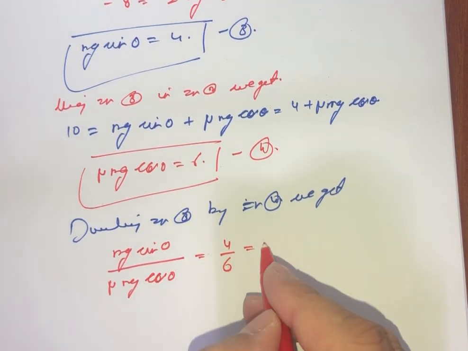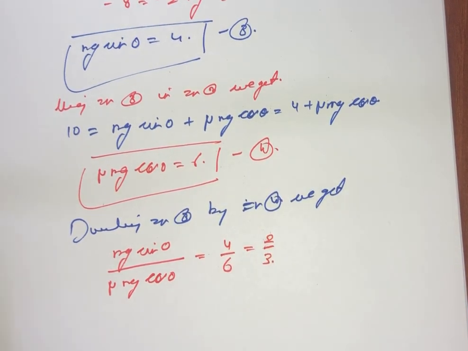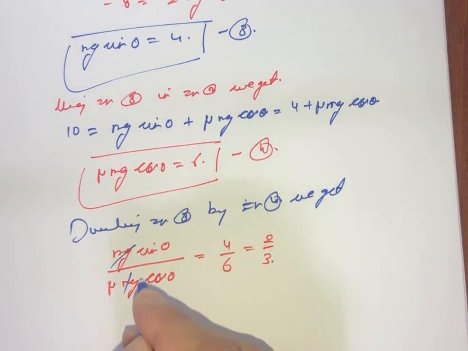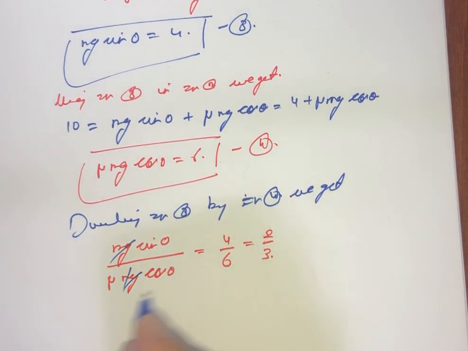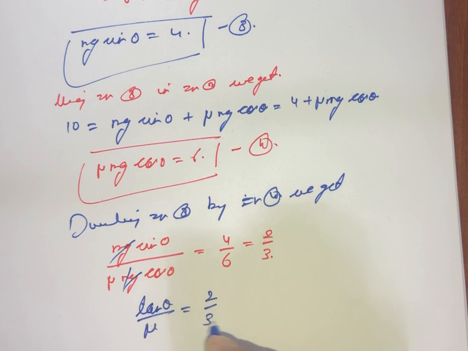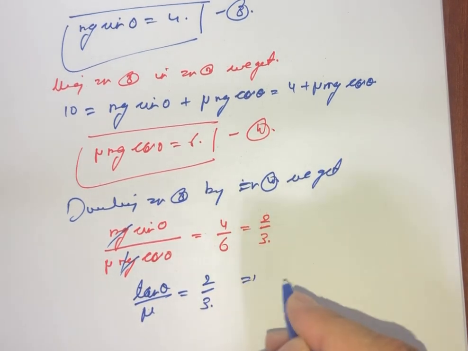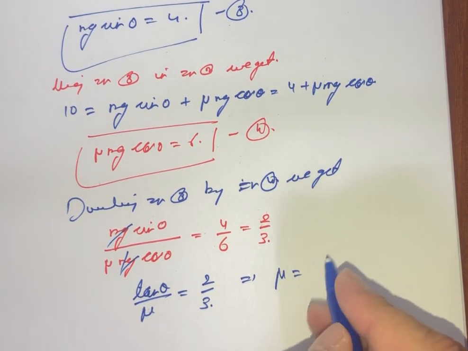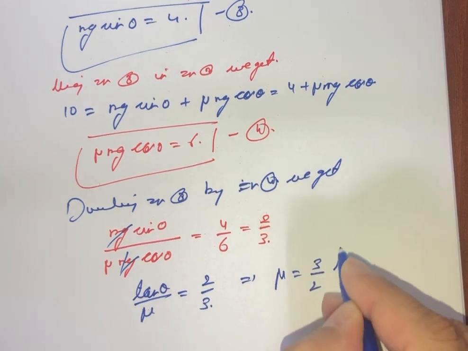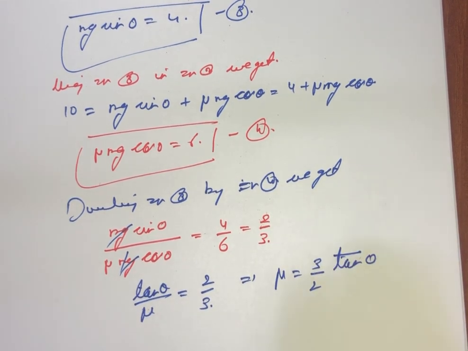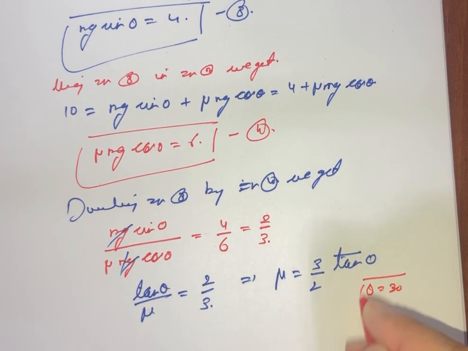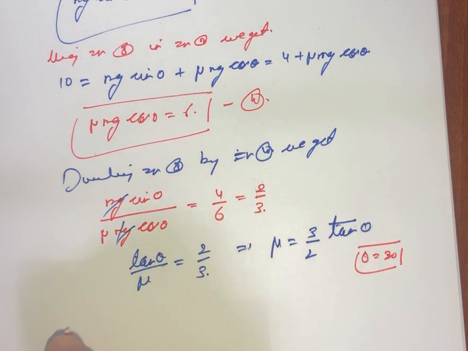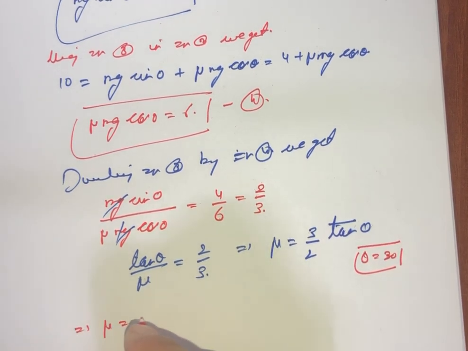So this will be coming as 2 by 3. Mass cancels out, g also, so we get tan theta divided by mu is equal to 2 by 3. From here we can say mu is equal to 3 by 2 tan theta, but the value of theta is 30. So mu is equal to 3 by 2 tan 30.